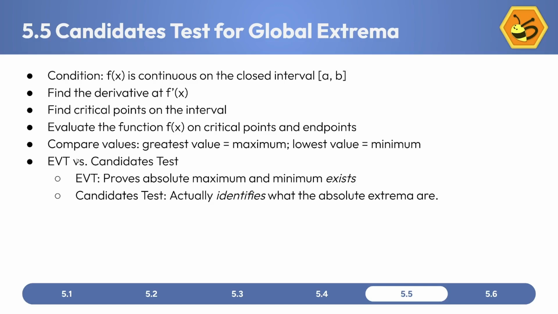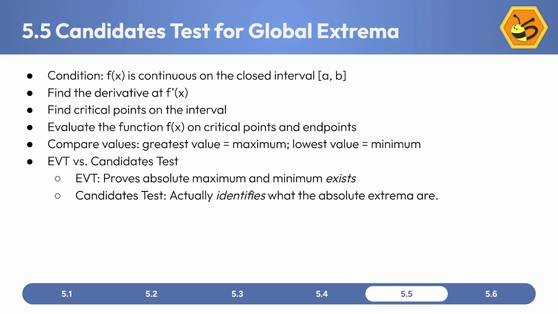Okay, and then one more thing. EVT and the candidates test are actually very similar, because if you first use EVT, that will help you with your candidates test. EVT proves that we actually have a max and a min. Then the candidates test is finding those absolute extrema.